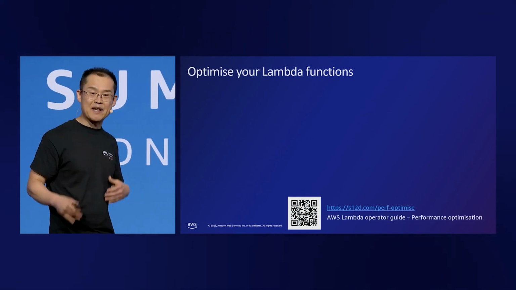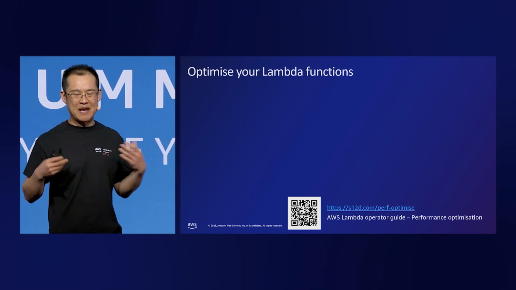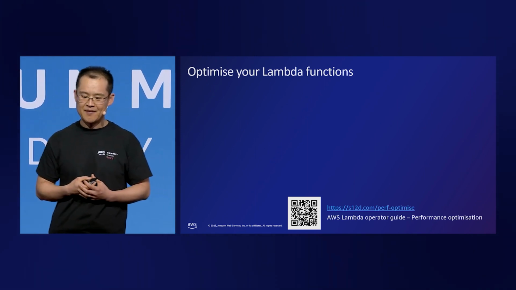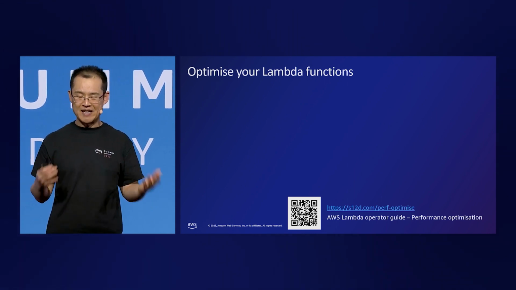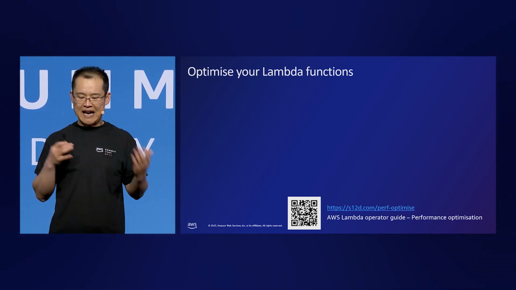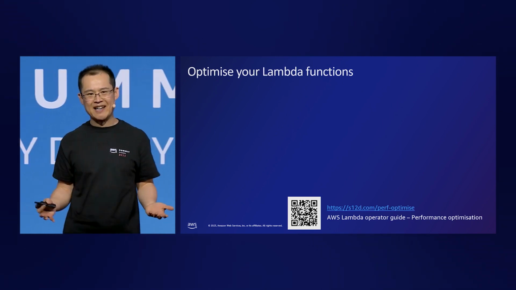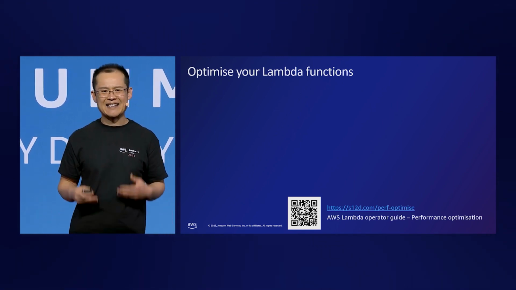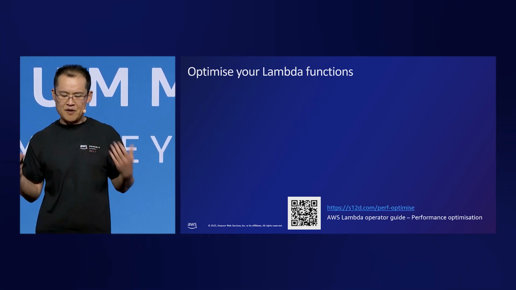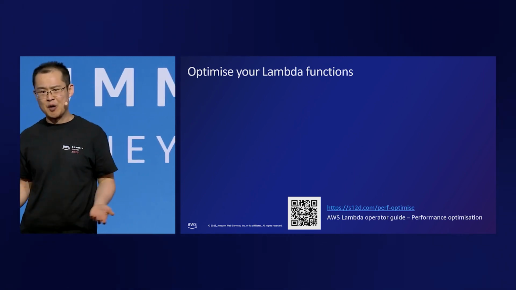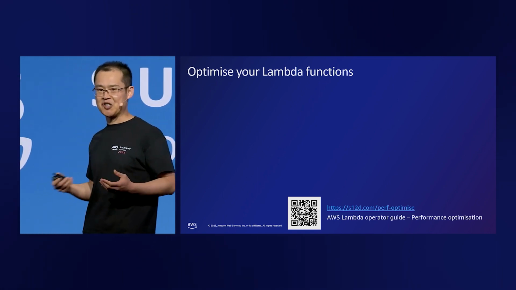Now let's look at how we can write better Lambda functions to improve performance at scale. The core principle here is to make your Lambda function packages really small, so the Lambda execution environment can start quickly, process requests quickly, and get reused quickly. This will improve the request response time and also the requests per second your Lambda function can handle.